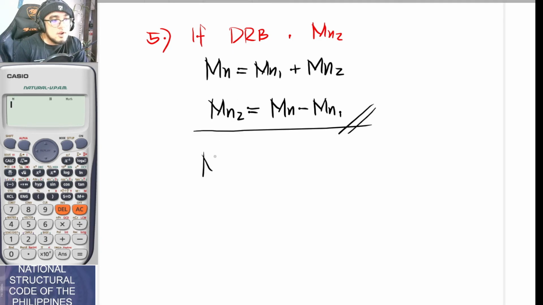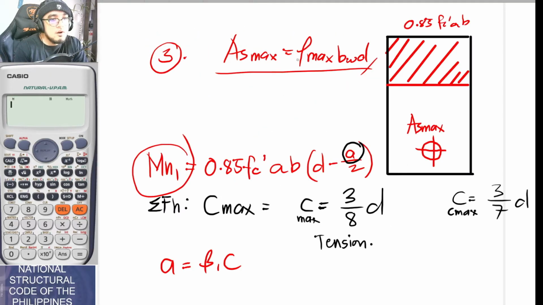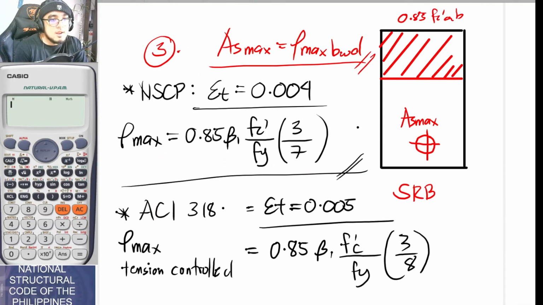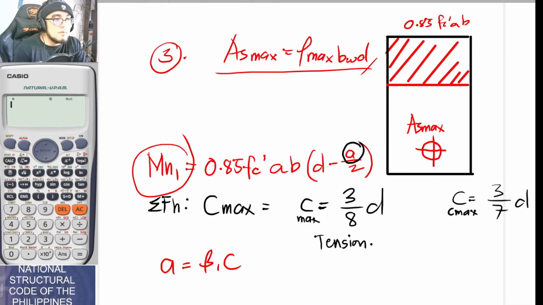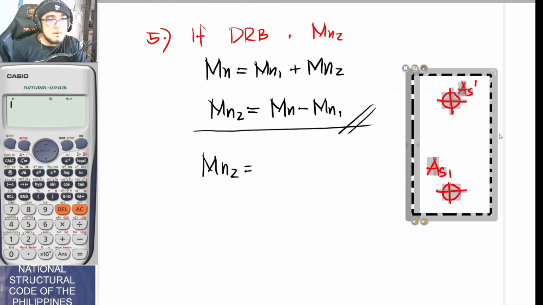And once you already know the value of MN2, you can now solve for AS1 and AS prime separately. So let's say that we will be getting the moment about this point. I think it is better if I would just be copying this to our text slide. For that slide, step number 5.